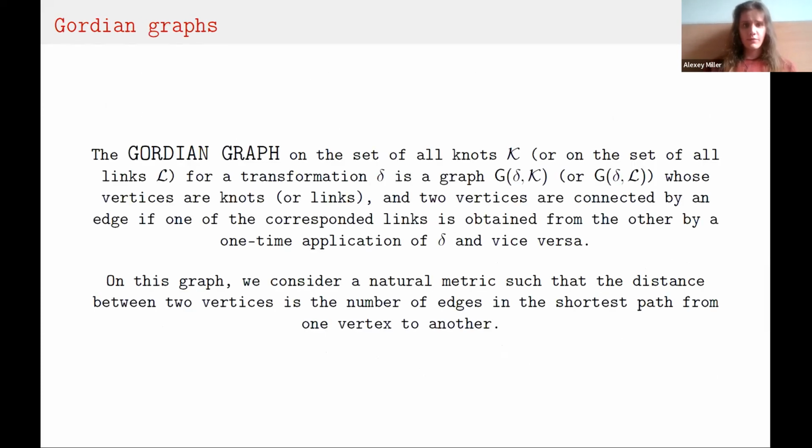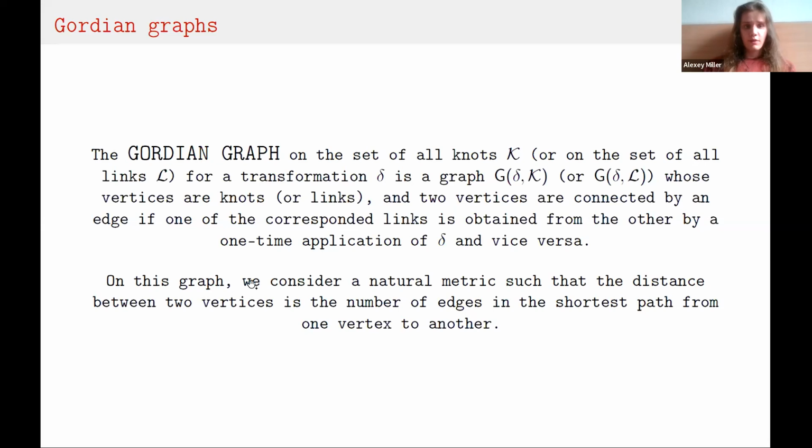The Gordian graph on the set of all knots or on the set of all links, this notation for transformation delta, is a graph G delta K or G delta L, correspondingly, whose vertices are knots or links, and two vertices are connected by an edge if one of the corresponding links is obtained from the other by one-time application of delta and vice versa.